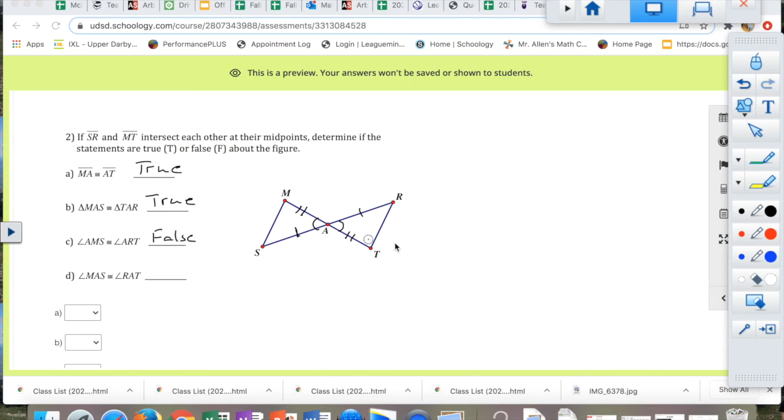If you remember back to chapter 3, if you think of two parallel lines, and this is the transversal, this angle, I'll do 2 arcs this time, would be congruent to this angle because of alternate interior. I'm picturing 2 parallel lines up here. So if this angle is congruent, then angle S, MSA, would be congruent to ART.